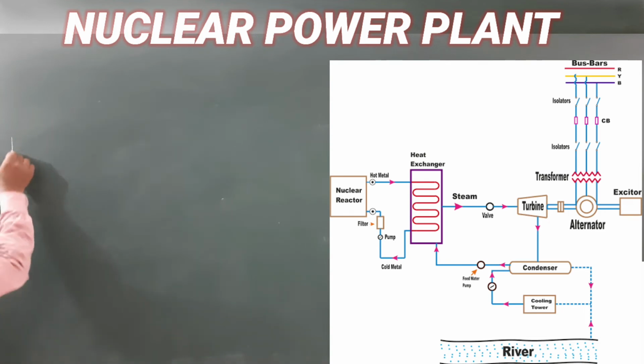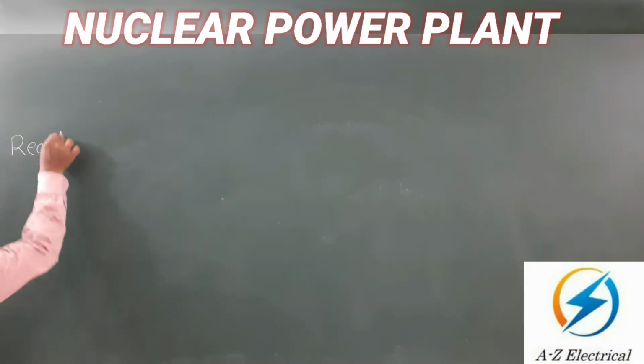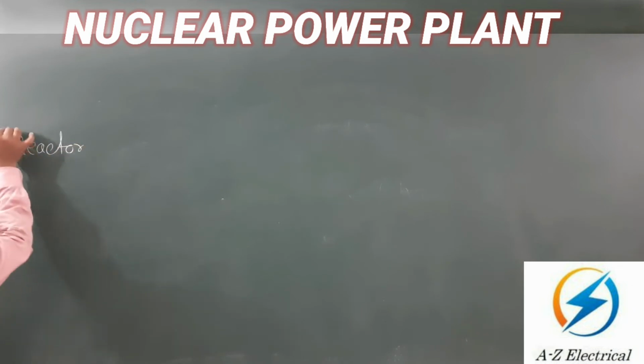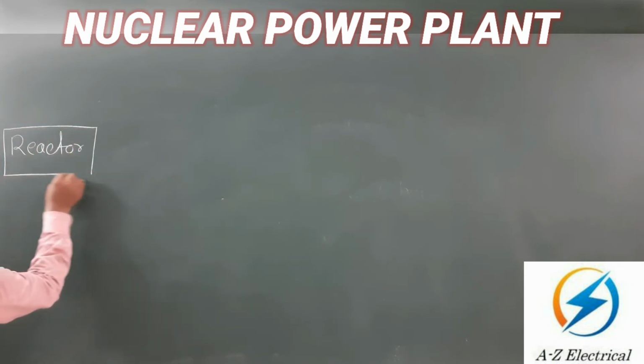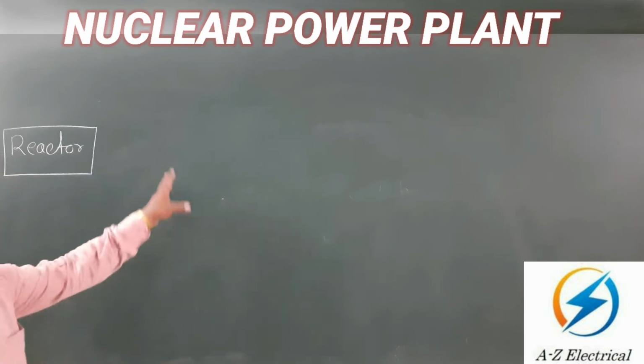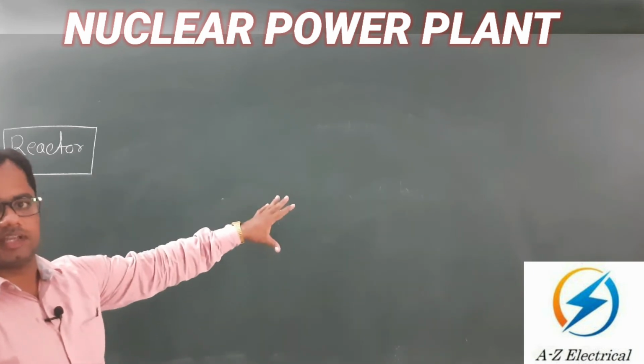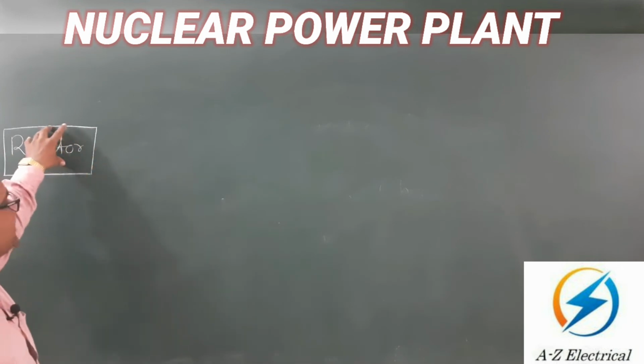The first part is the reactor, which is the most important part of the nuclear power plant, because whatever fission reaction, whatever chain reaction takes place, takes place inside that reactor.